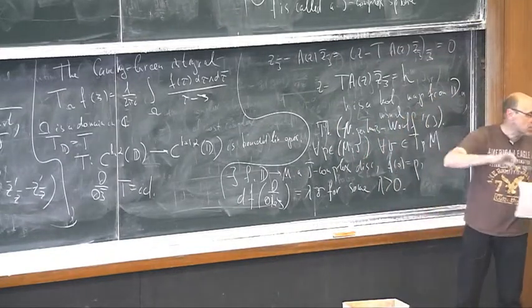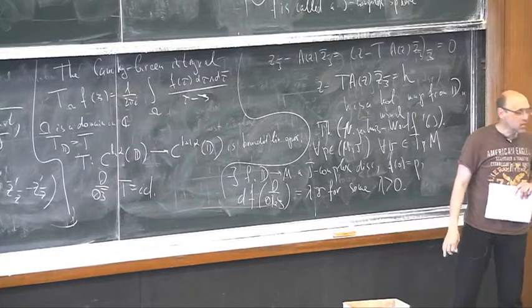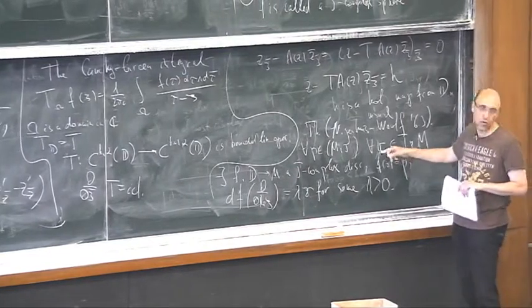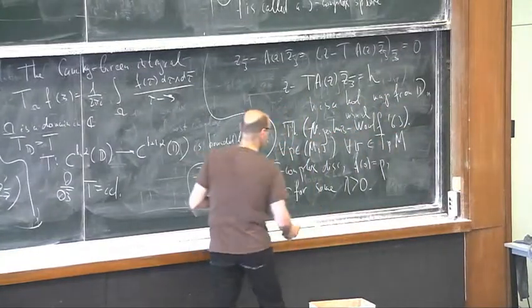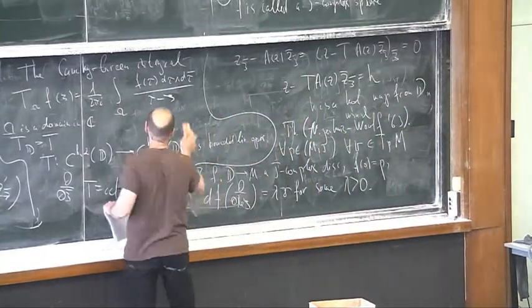So the direction of the tangent vector at the center of this disk is proportional to this v. Well, the proof is absolutely obvious, in fact.